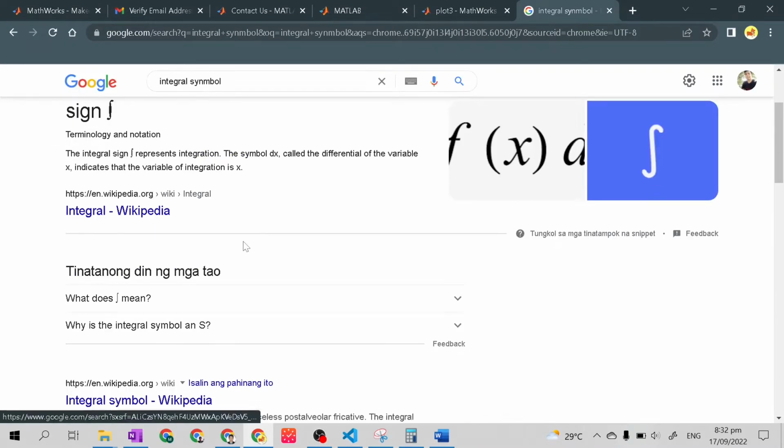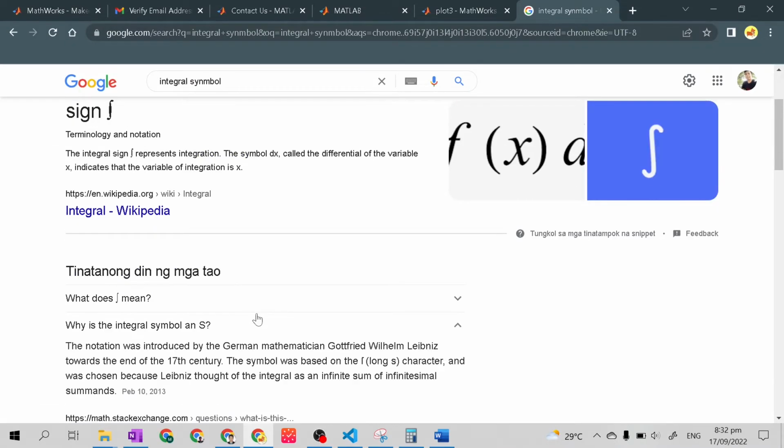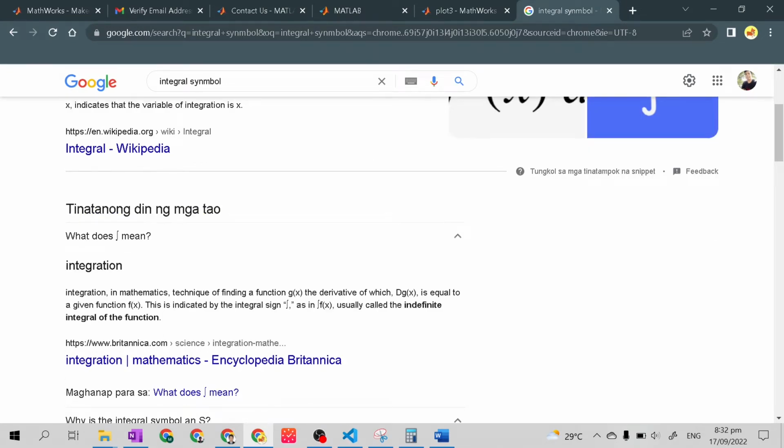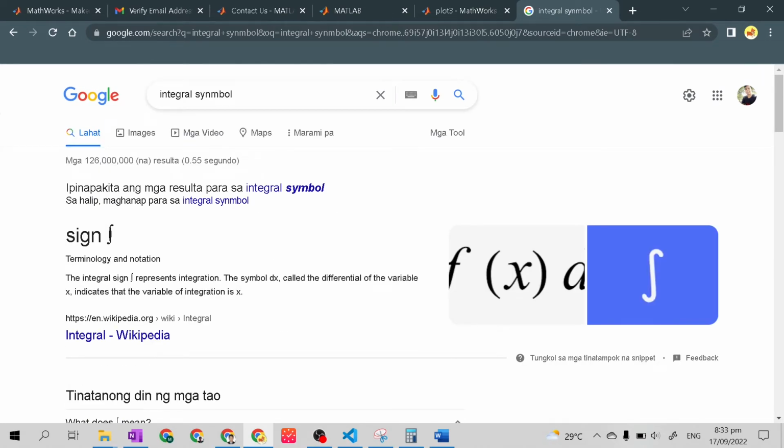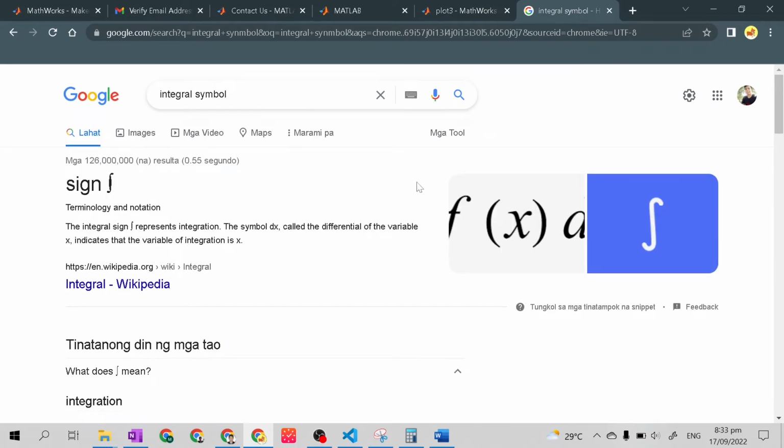The integral symbol. What does this mean? This means integration. So integral calculus has symbols that you use to solve for integrating something or integrating a function.